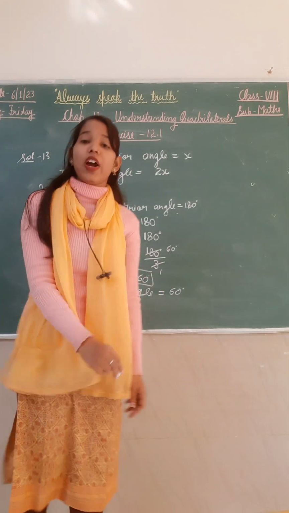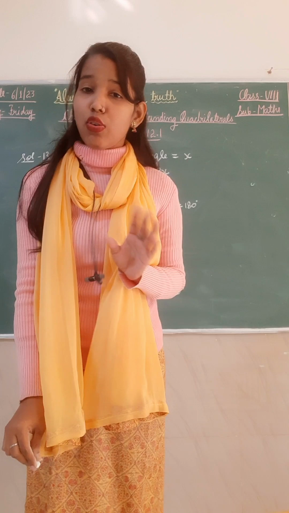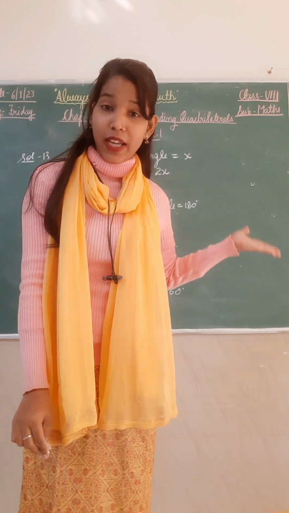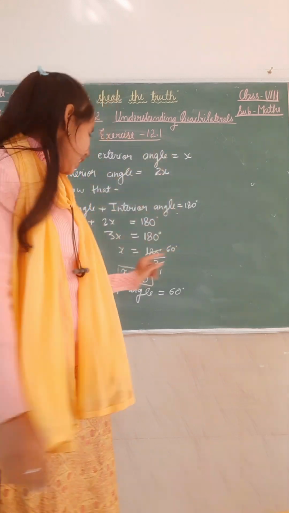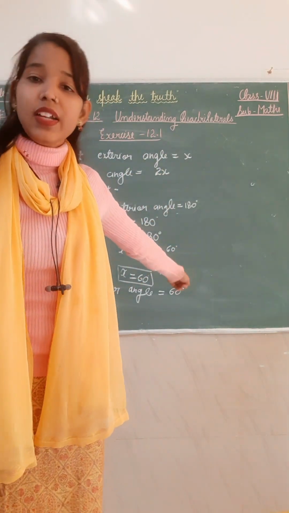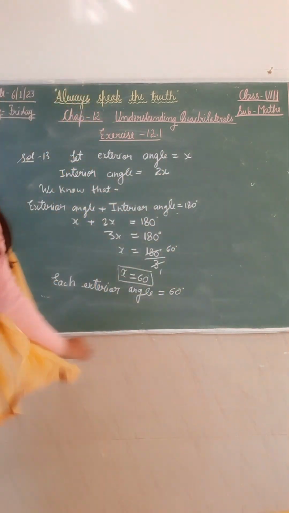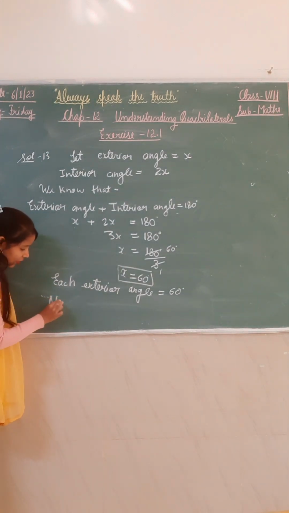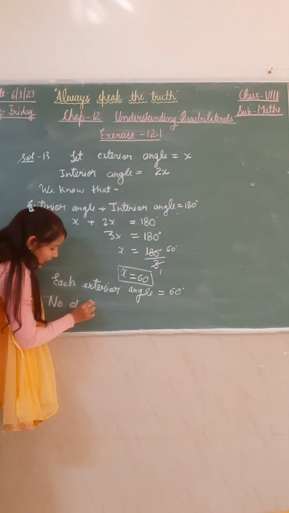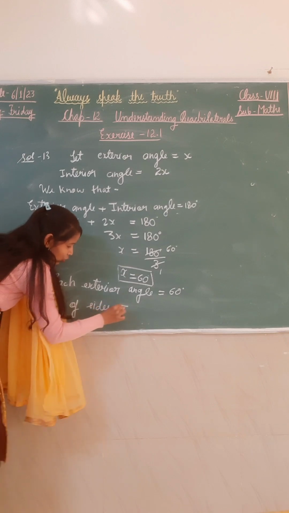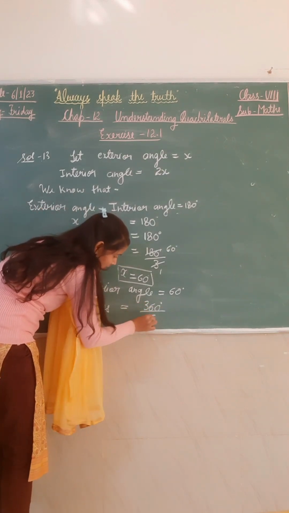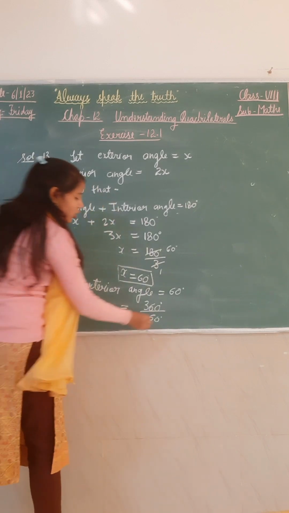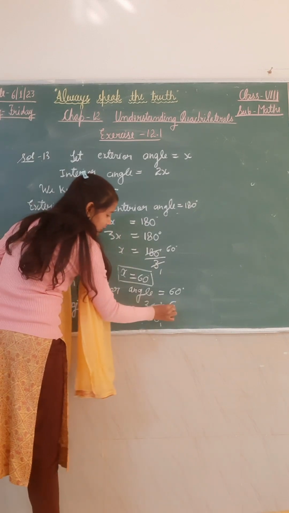Now we have to find the number of sides. So how to find the number of sides? It was the same as the first question we did just now. So for the number of sides we will divide 360 by each angle. So we will divide 360 by 60. So the number of sides is equal to 360 degrees divided by 60 degrees. 6 ones are 6, 6 sixes are 36.